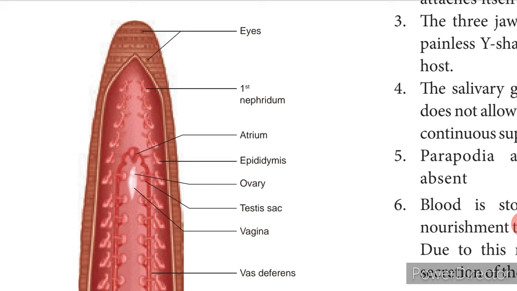This epididymis leads to again a short duct which is called the ejaculatory duct, and this joins the atrium. Here you can see it is labeled as atrium, isn't it? So this joins the atrium, and this atrium consists of 2 regions. One is the prostate gland, the other one is the penile sac, which leads into the male genital pore.